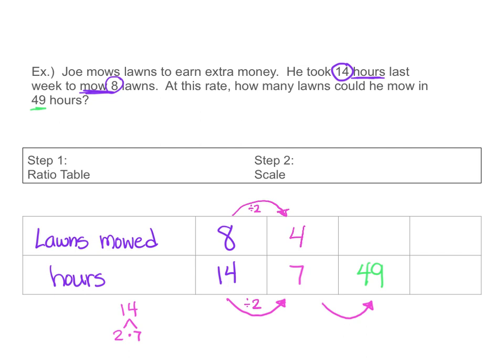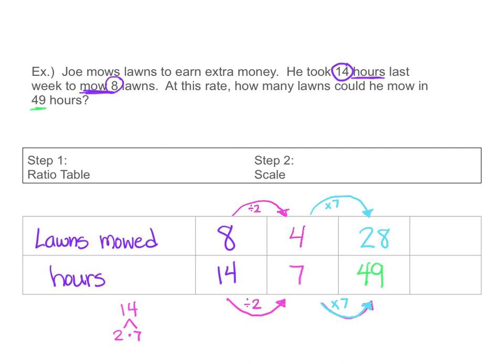And then the next step: how do I get from 7 to 49? Well, I would have to multiply by 7. So if I'm multiplying by 7 on the bottom, what do I have to do to the top? The exact same thing. So I'd have to multiply 4 times 7, and that would give me 28.